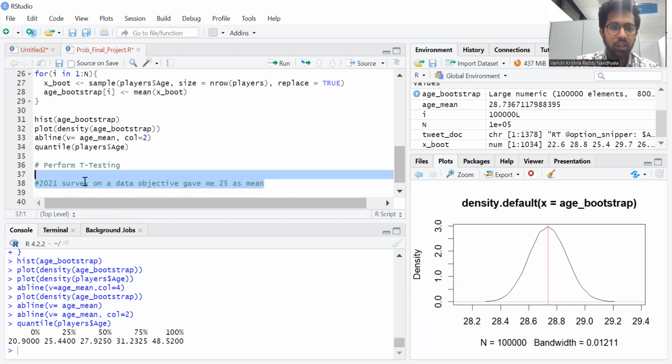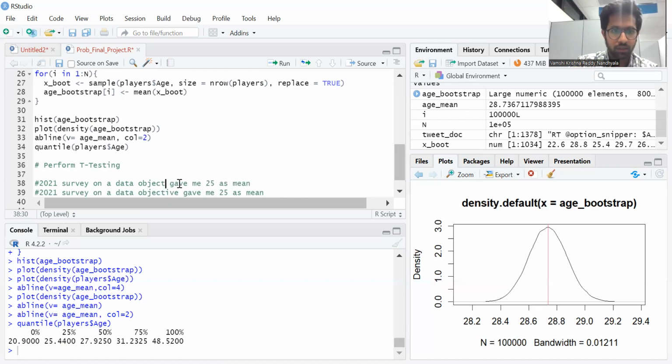Whereas in 2022, if I do the same survey on the same data object, it gives me 30 as the mean.